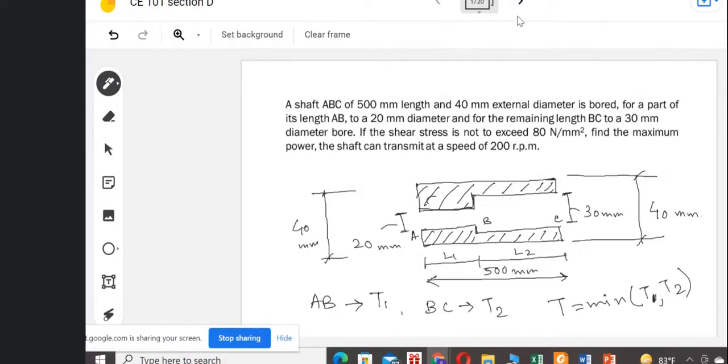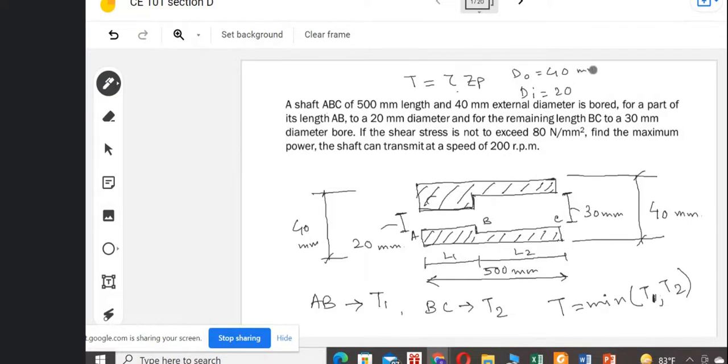T is equal to the shear stress into ZP, right? We know this equation: T is equal to tau into ZP. So for this AB section, D naught is 40, DI is 20.